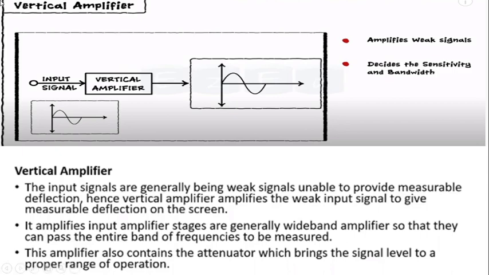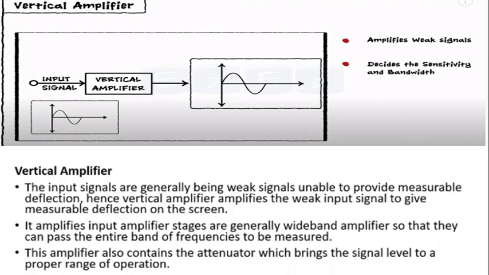The input signal is given to the vertical amplifier and that signal is weak, so it is amplified by this vertical amplifier so that it produces measurable deflection on the screen. The vertical amplifier decides the sensitivity and bandwidth of the CRO.